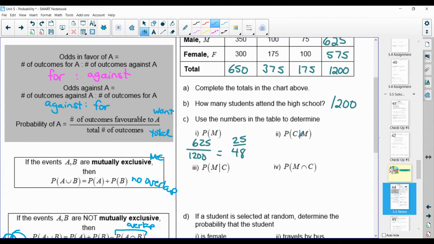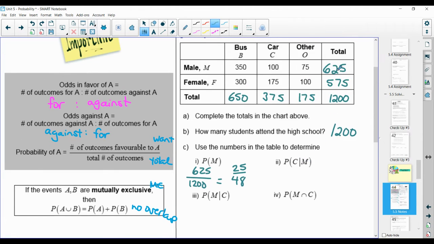Now the next one is presented as a conditional probability. This is the probability that someone is driving a car given that they're male. And if you remember from our last lesson, the given part will be our denominator. So we have to consider how many males we have, and that's 625. And out of those 625 people, oh, I have a typo here.